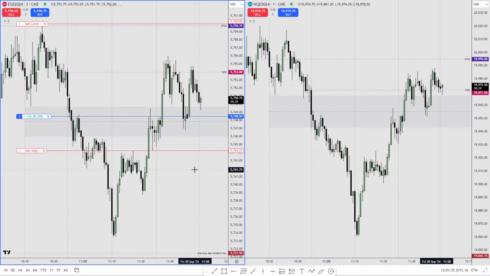Right now it's printing the discount wick for the 12 noon hourly candle.